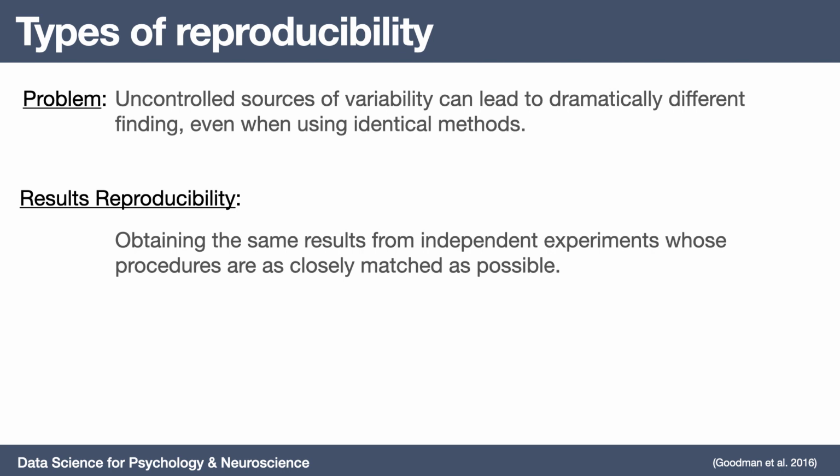Now, results reproducibility is the ability to obtain the same results from independent experiments whose procedures are as closely matched as possible. So if you're given the same recipe, can you produce the same thing? And if you can't, you have variability or you have reduced reliability in the reproduction of your effects.